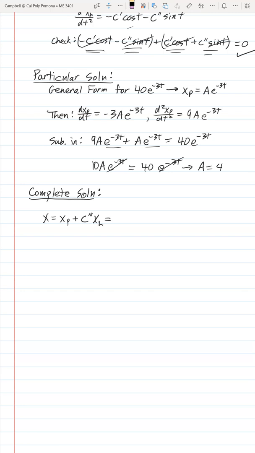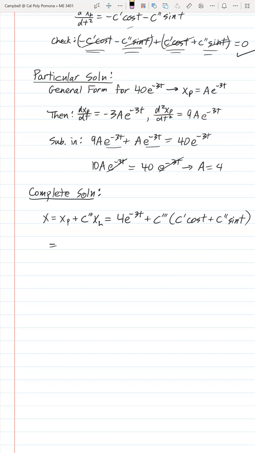And so we end up with our usual, as I like to call it, constant nightmare, and we get plus C triple prime times C prime times cosine t plus C double prime times sine t. And so, of course, I don't like dealing with the primes.